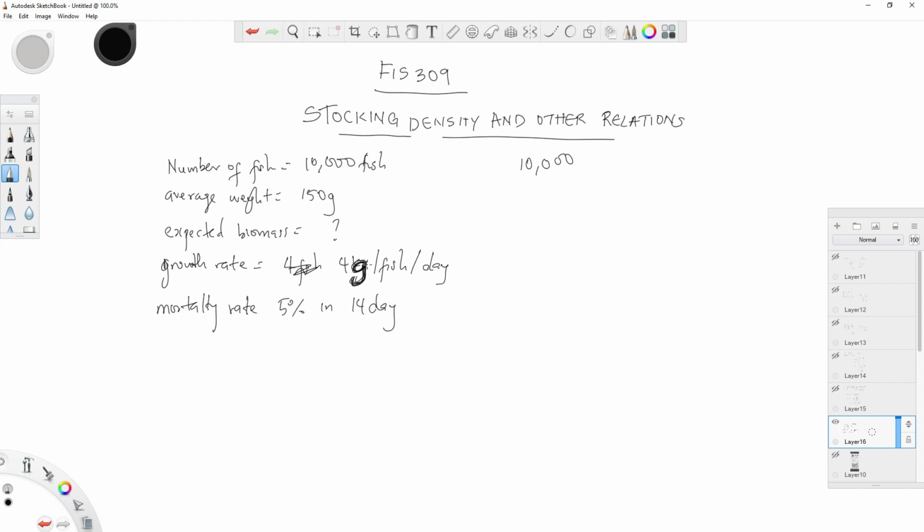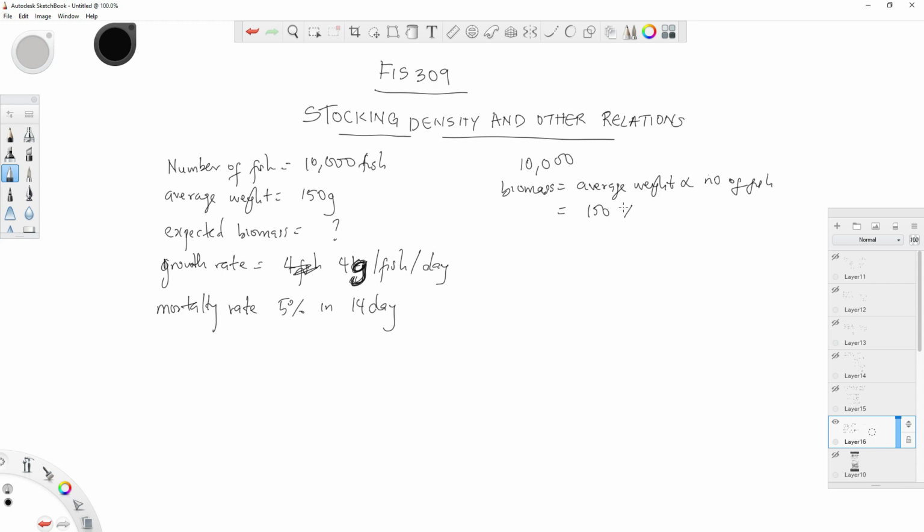So we need to know the weight that it has accumulated in those 14 days. But before we even go to that point, let's know their current total biomass. At least let's know that. The current total biomass is the average weight times the number of fish.